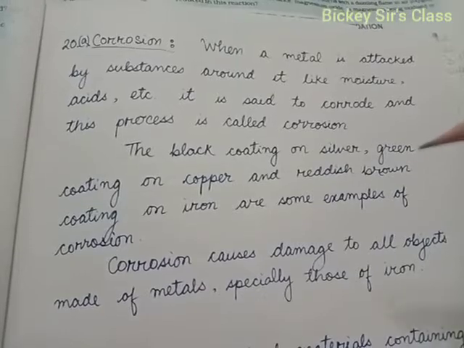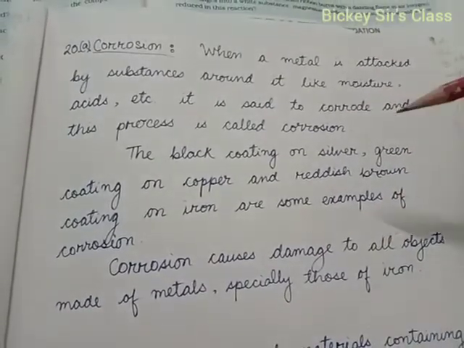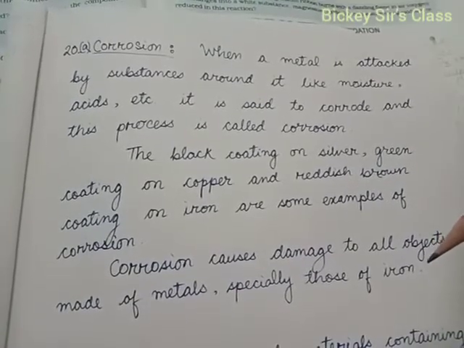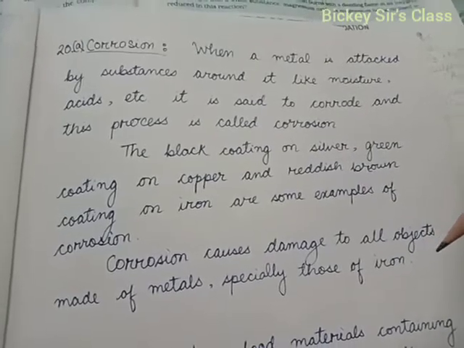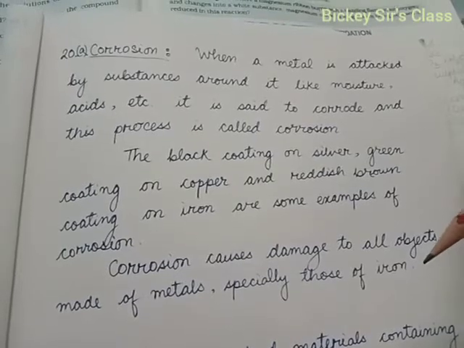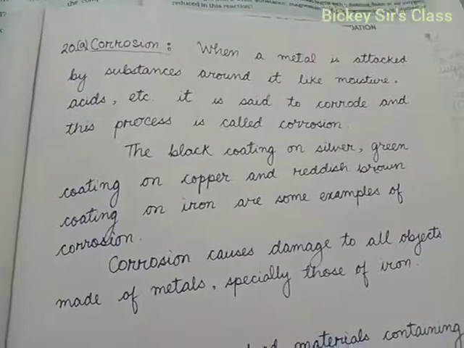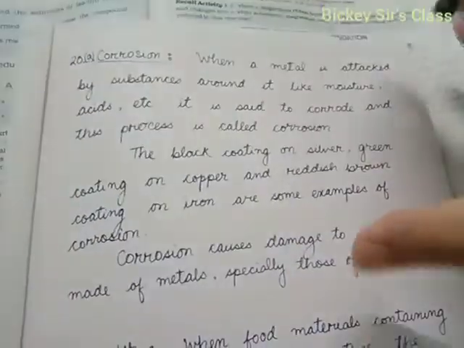Here prevention of corrosion is not mentioned in this chapter, so I have also not mentioned it in the answer. Otherwise we can write that corrosion can be prevented by different processes like galvanization, alloying, applying a layer of paint, etc. But in this answer it is enough to write this much only.